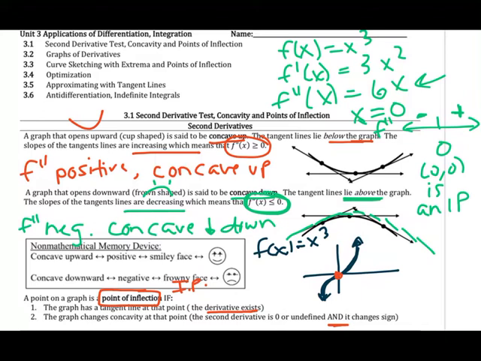So I'm going to recap how we just showed that. We took the first derivative, it has to exist. We take the second derivative, find where it's 0 or undefined, and make a sign chart to see if it does in fact change sign at that value. All of those things have to be true in order for it to be an inflection point.